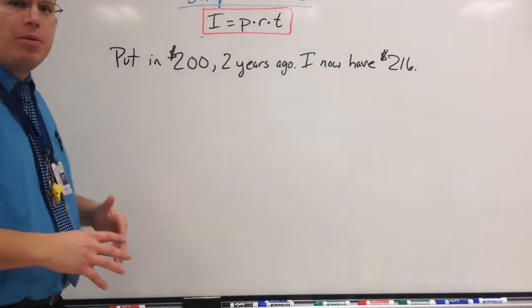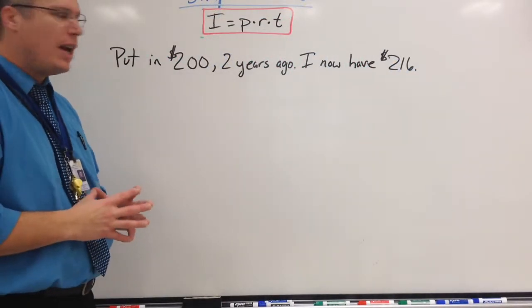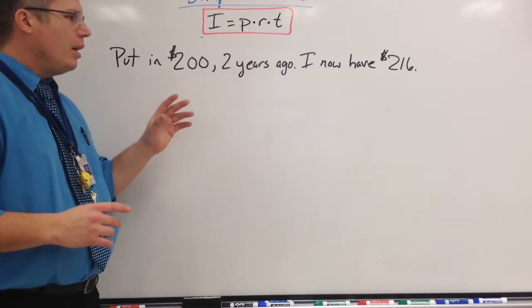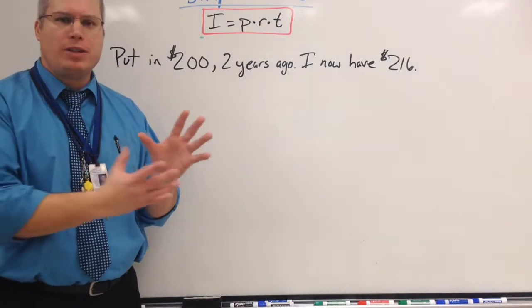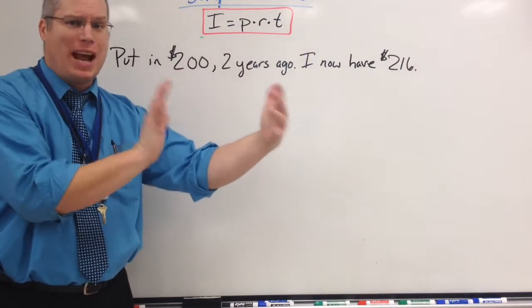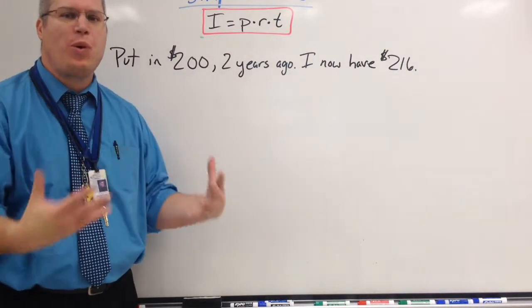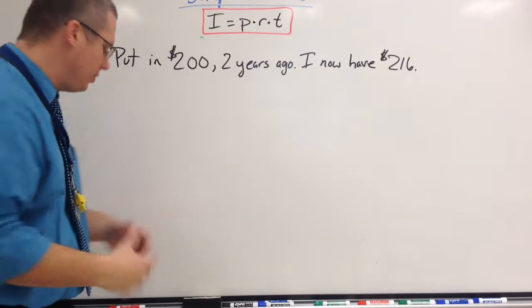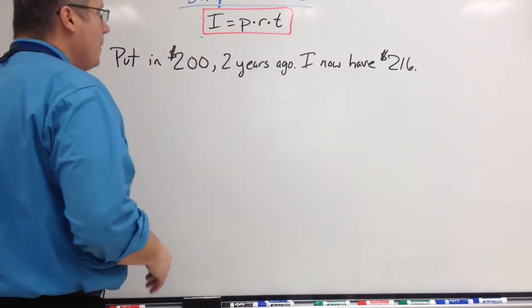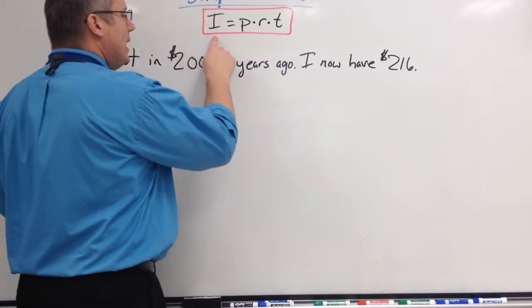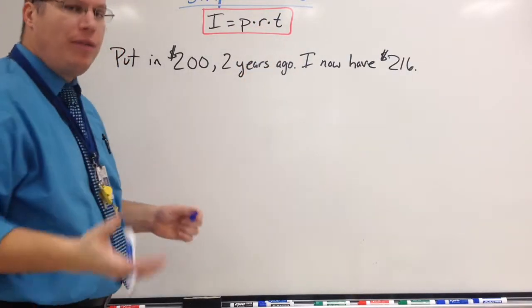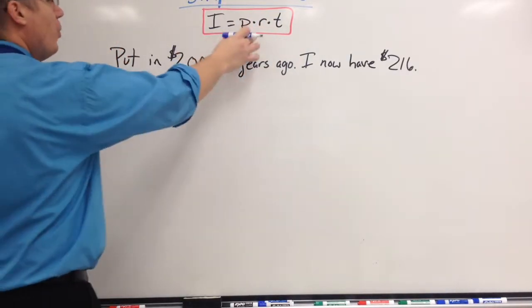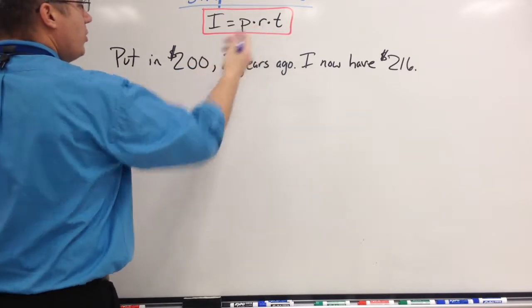In our last example, there will be some questions that say, I put in this amount, my starting amount, after so much time, this is how much I now have. What rate was I at? What percentage rate did I use? Our original formula was interest equals P times R times T. With a little figuring, you can rearrange this equation so that it is the rate.